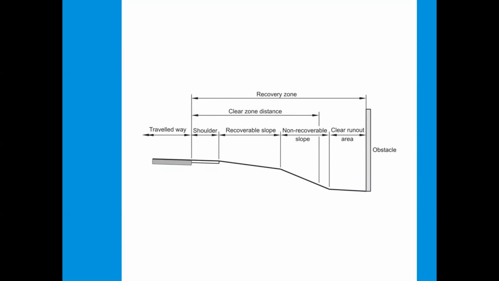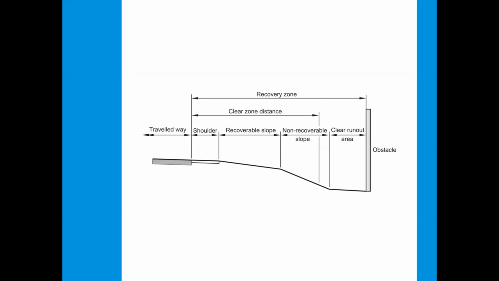The clear zone and the distance and the recoverable areas illustrate the clear zone concept in the context of the roadside recovery zone on this slide. Recoverable slopes are those on which a driver may, to a greater or lesser extent, retain and regain control of the vehicle.